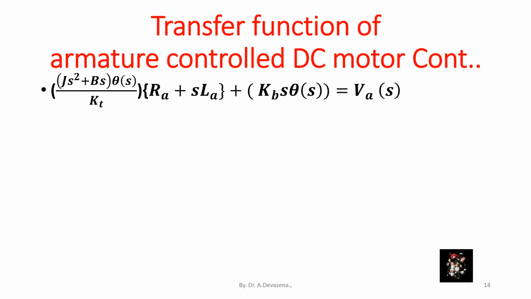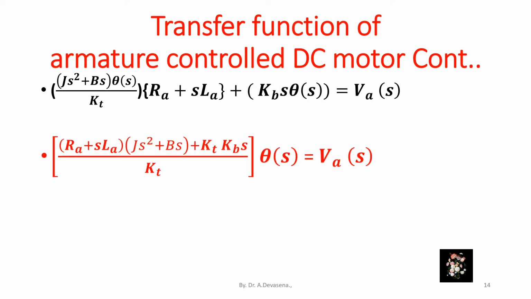((J s² plus B s) θ(s) divided by K_T) into (R_A plus s L_A) plus K_B s θ(s) is equal to V_A(s). If we further simplify the above equation, we get (R_A plus s L_A) into (J s² plus B s) plus K_T K_B s, the whole divided by K_T, into θ(s) is equal to V_A(s).